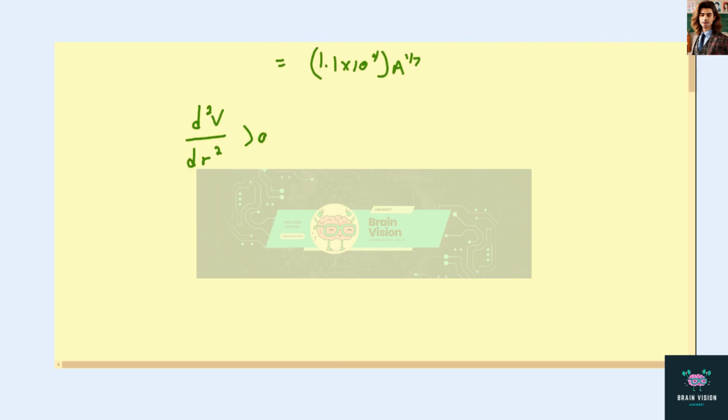And the minimum here, what we end up having is, for the minimum V total, this 1.1 times 10 to the 4th, a to the 1/7. Okay, but for the NaCl molecule, we have R equals 0.281 times 10 to the negative 9 meter.